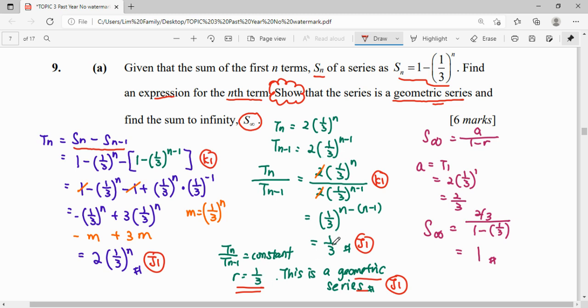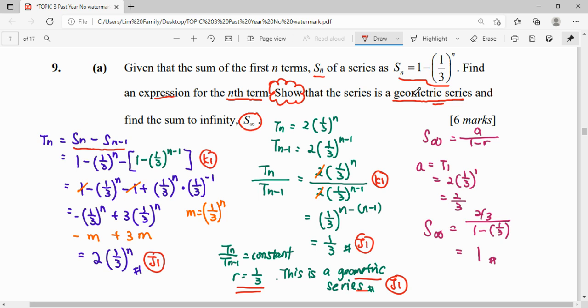We cannot just put the answer 1/3 and say show, because you have shown nothing and it doesn't link to the sentence. Your working cannot be understood. So we have to explain our result, where 1/3 is the common ratio. This is how we link to the sentence, and this is the condition of a geometric series.